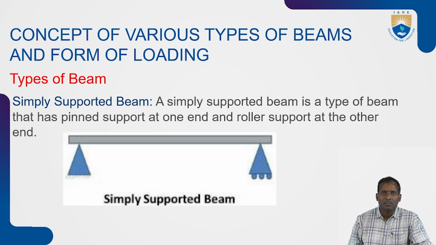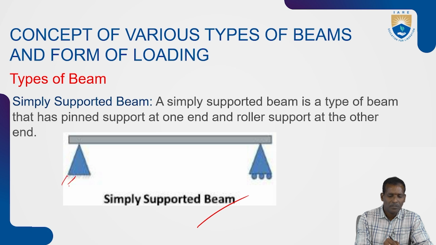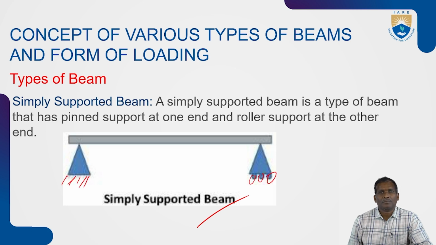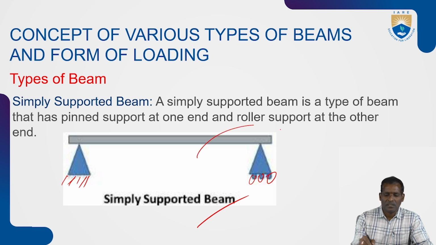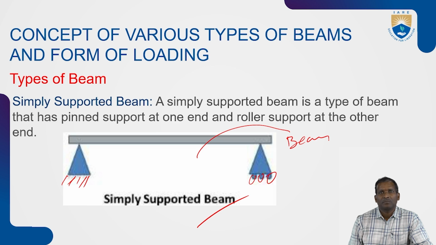See in this diagram, the simply supported beam has pinned support at one end and rollers at the other end. This is a beam. These two ends are supported.